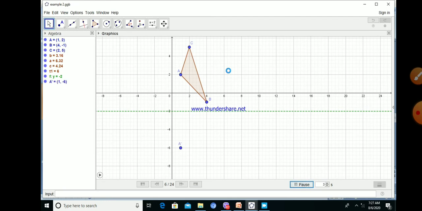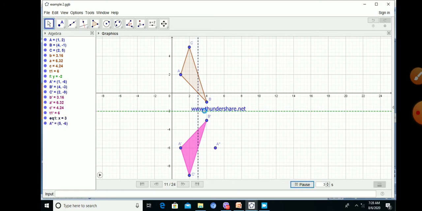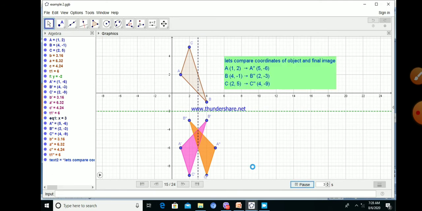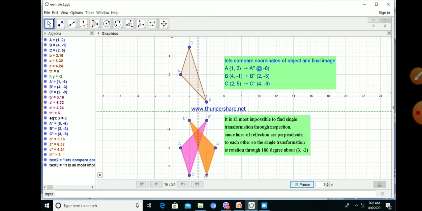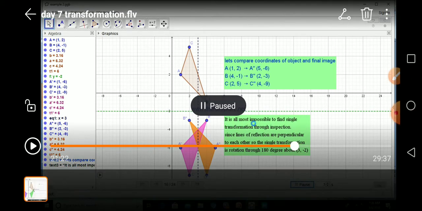Then similarly A dash, B dash, C dash, that is the first image, will form after reflection on y equals minus 2 and reflection on x equals 3. You can see two dotted lines there. They are the lines of reflection and they are perpendicular to each other. It is visible. So in this way, if the task is simply to plot those triangles, this is the case. Here I would like to pause.